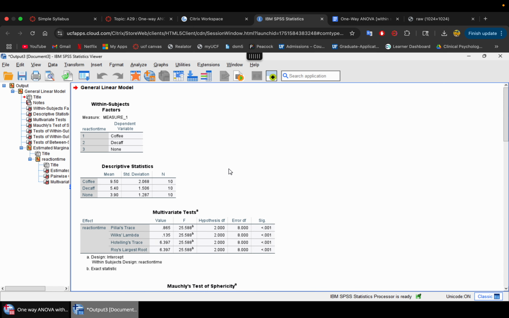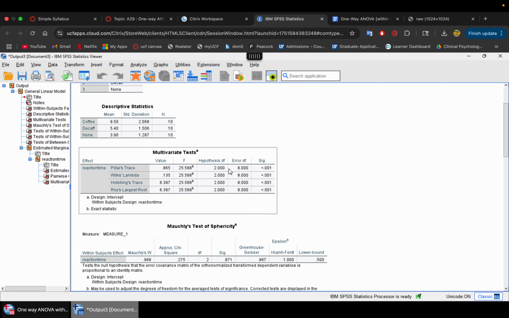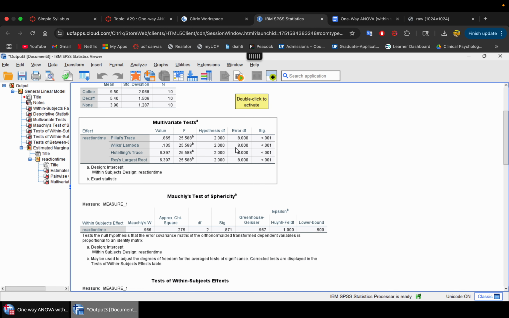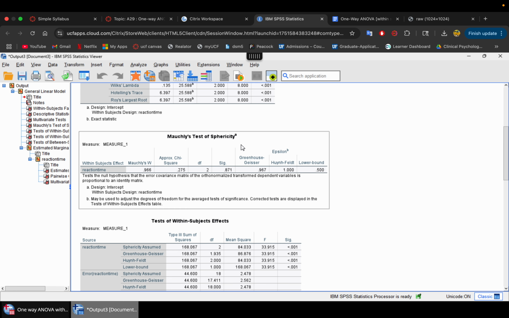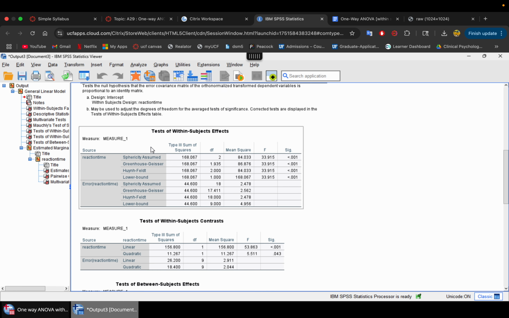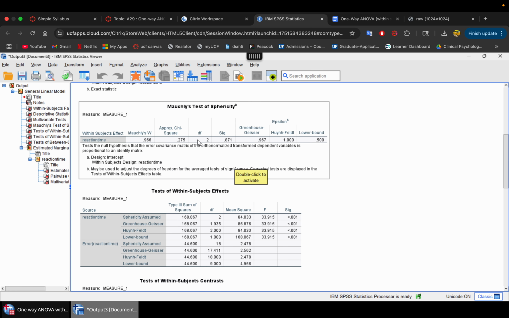So now we have these tables, and I know it looks like a lot of tables, but we only need to focus on 3. We need to focus on our descriptives, the test of sphericity, and the tests of within-subjects effects. The first thing we're going to do is look at Mauchly's test of sphericity. The significance is 0.871.